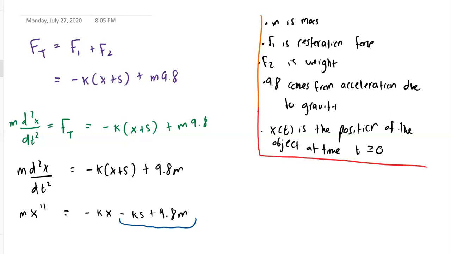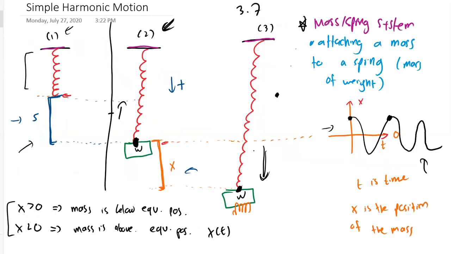Why? Well, let's look at picture 2 here. We know that when we're in equilibrium state, and again, equilibrium state is when we attach the weight, right, and the weight stretches the spring, and then it stops, right? That's the equilibrium state.